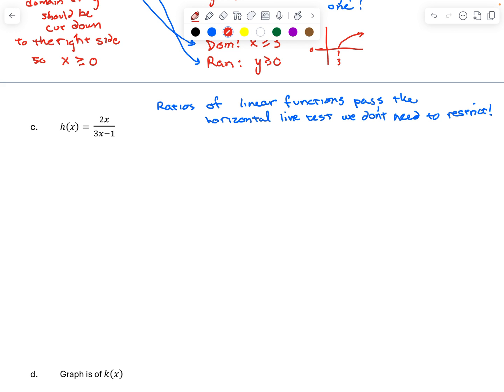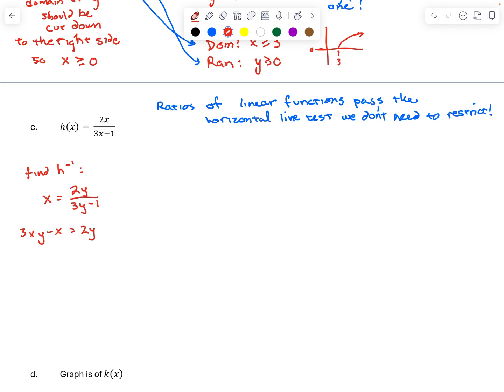Okay, so let's just do this. I'm going to find H inverse first and then do a comparison. Okay, what are we doing?